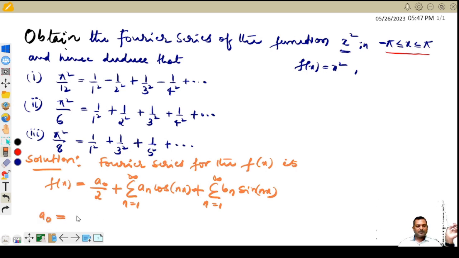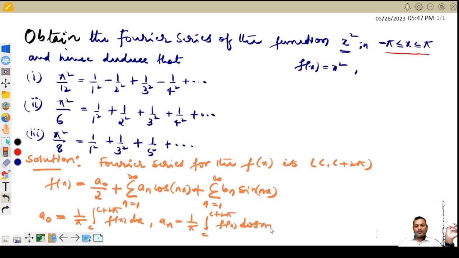For the general interval, that is c to c plus 2 pi, a naught is equal to 1 by pi integral runs from c to c plus 2 pi f of x into dx, and an is equal to 1 by pi integral runs from c to c plus 2 pi f of x into cos nx into dx, and bn is equal to 1 by pi integral runs from c to c plus 2 pi f of x into sin nx into dx.